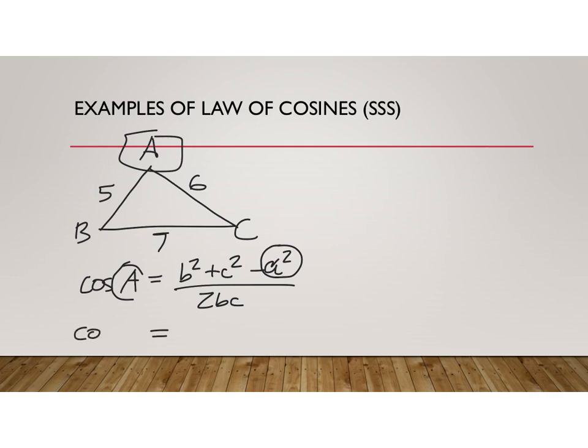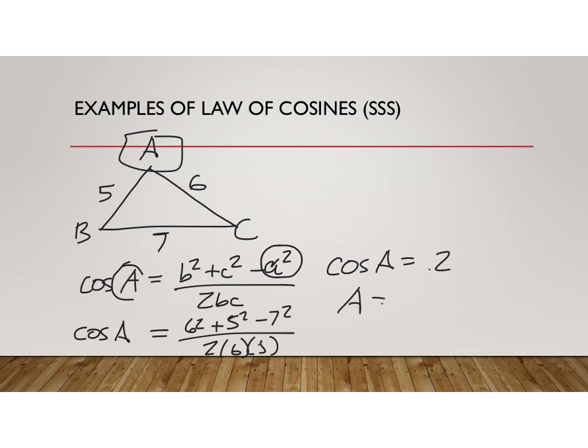So in this case, the cosine of A is going to equal 6 squared plus 5 squared minus 7 squared all over 2 times 6 times 5. If I do this on my calculator, I've got 36 plus 25 minus 49 is 12. I'm going to take 12 and divide by 2 times 6 times 5, which is 2 times 30, which is 60. So I get the cosine of A to be 0.2.